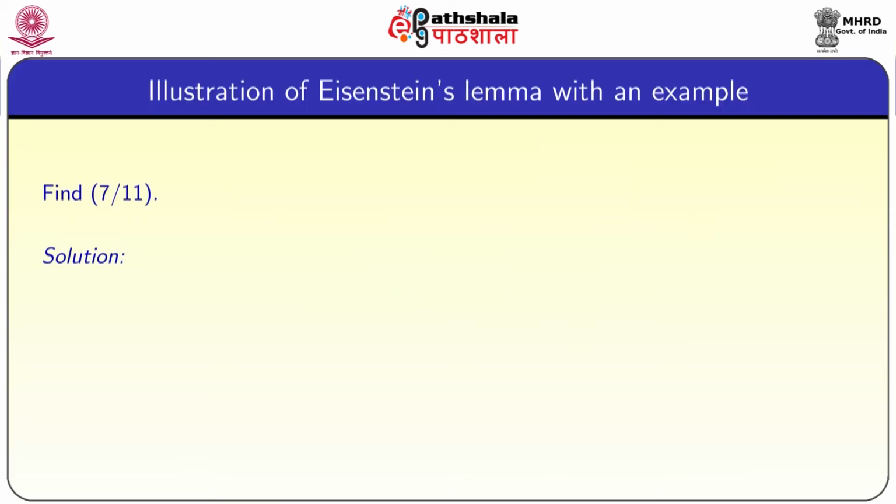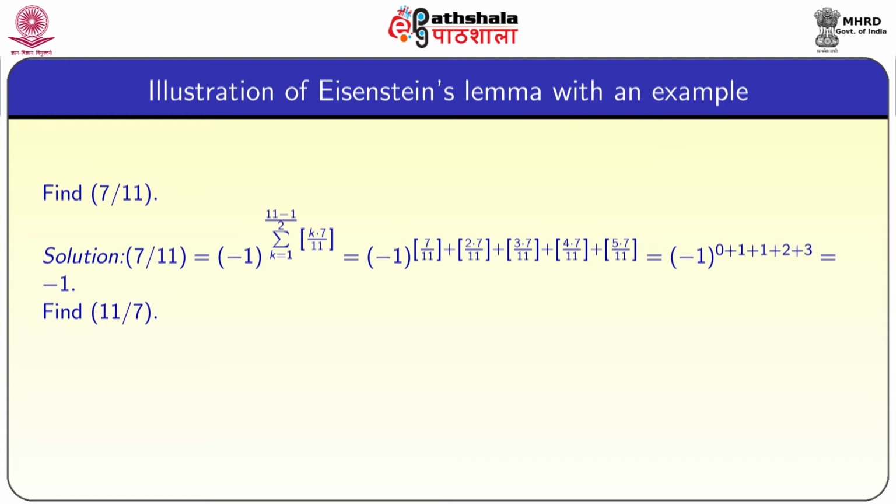Now, we will illustrate the Eisenstein's lemma with an example. So, we are trying to evaluate (7/11). The solution goes like this: (7/11) is equal to (−1) to the power summation k = 1 to (11−1)/2 of floor of k·7/11, that is, k takes the values 1, 2, 3, 4 and 5.